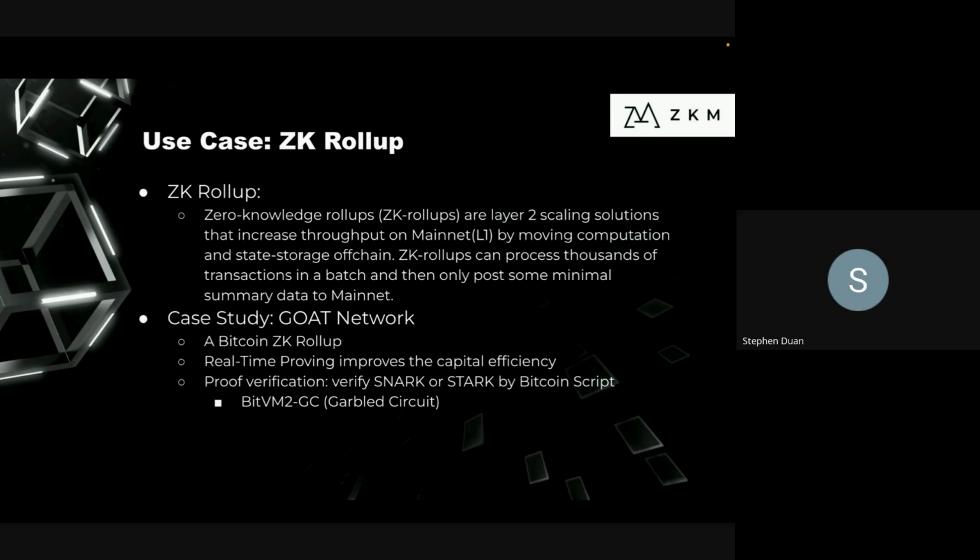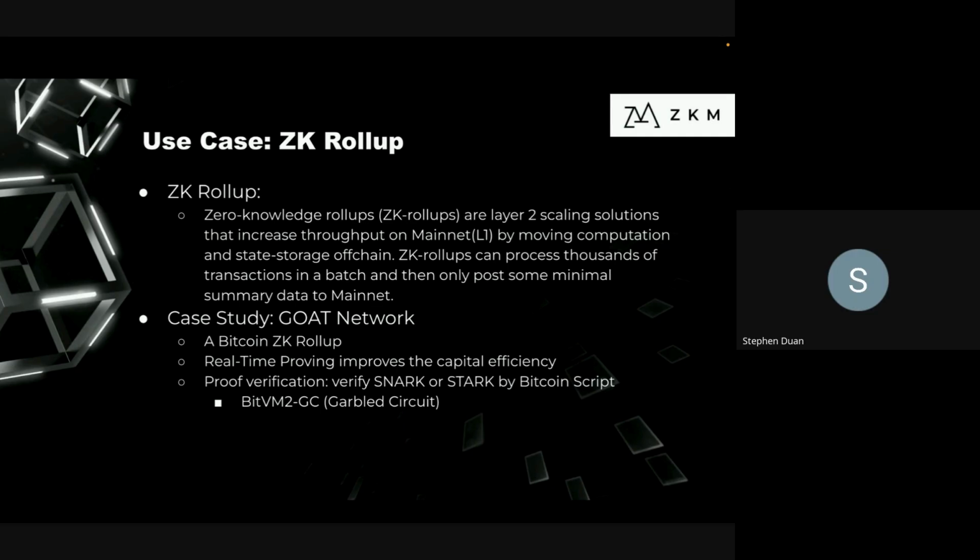Then the challenger begins to find the fraud points or fraud proof from this execution trace. If the challenger can find it, he can disprove the prover, and then stop the prover from claiming some asset withdrawal or something like that. So basically it's a commit-challenge game.